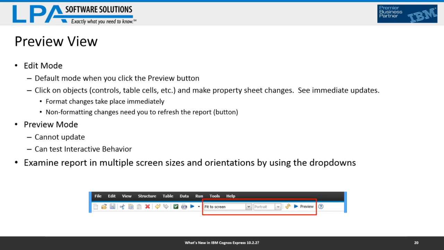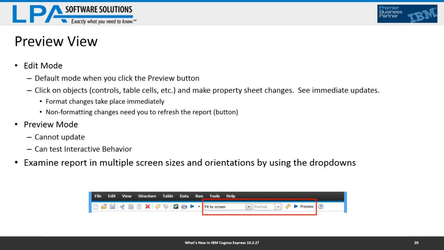It runs within Report Studio, not separately. And as you make changes to the property sheets, you'll see those changes in your active report in the work area. Now, some formatting changes will need you to refresh the report, and there is a button to refresh your report. But the notion here is that now, as I am tweaking the look and feel of an active report, I can do so in a preview mode right within Report Studio.